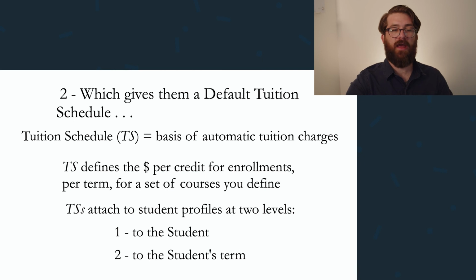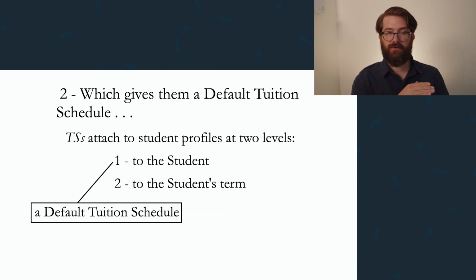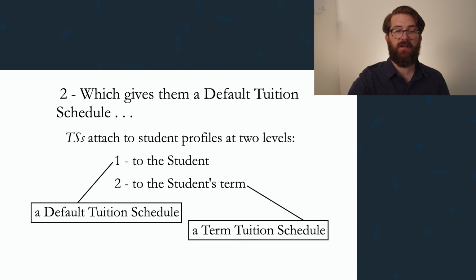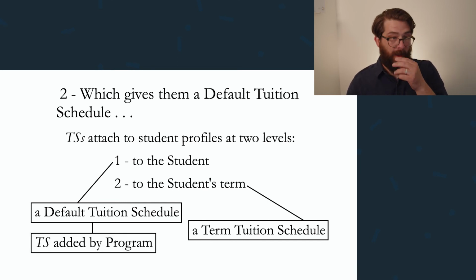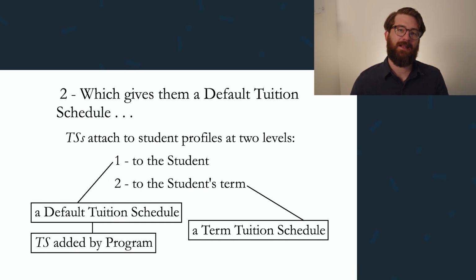And then under that, you've also got the student's term. We can have a term tuition schedule that attaches there. And remember that the default tuition schedule is added by adding that program, just to rehash that.